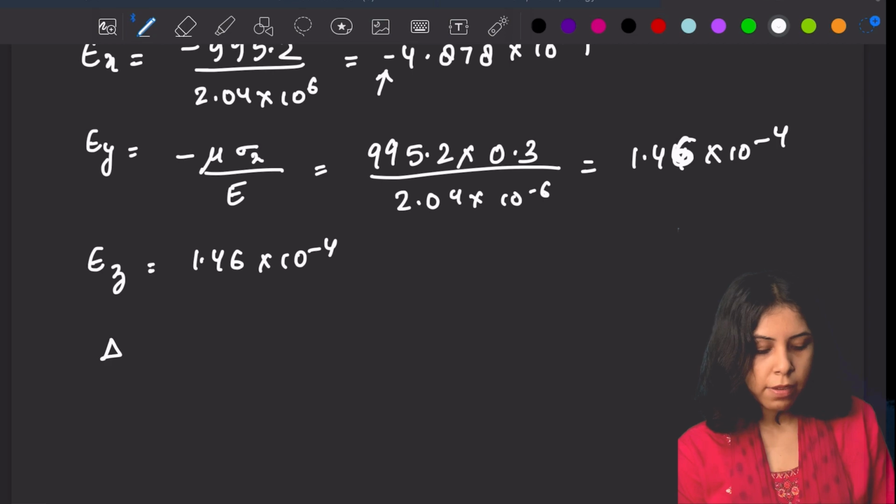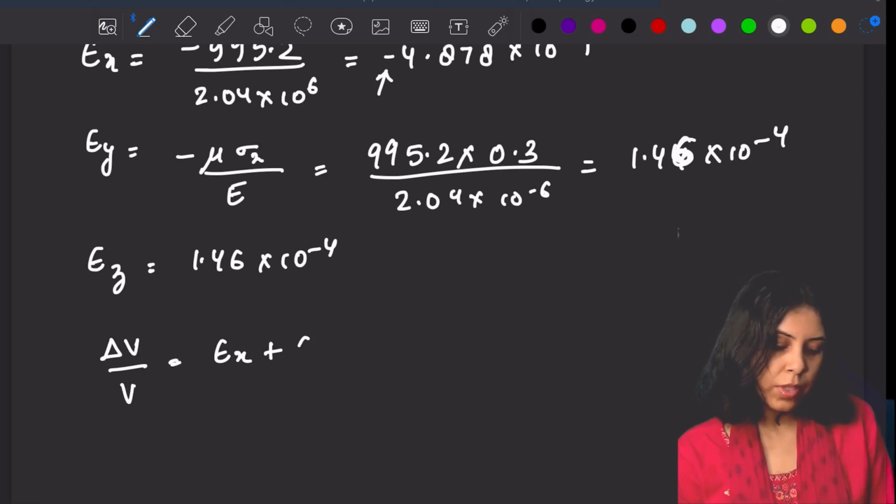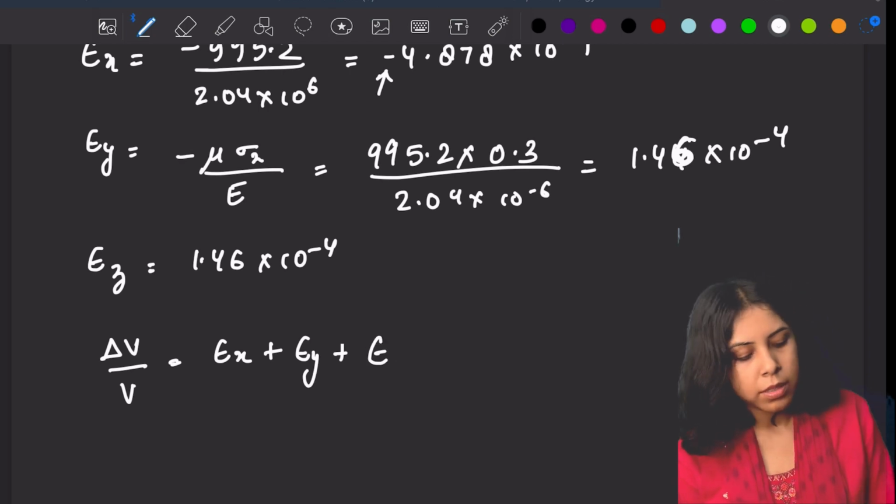Now del V upon V is nothing but epsilon x plus epsilon y plus epsilon z.